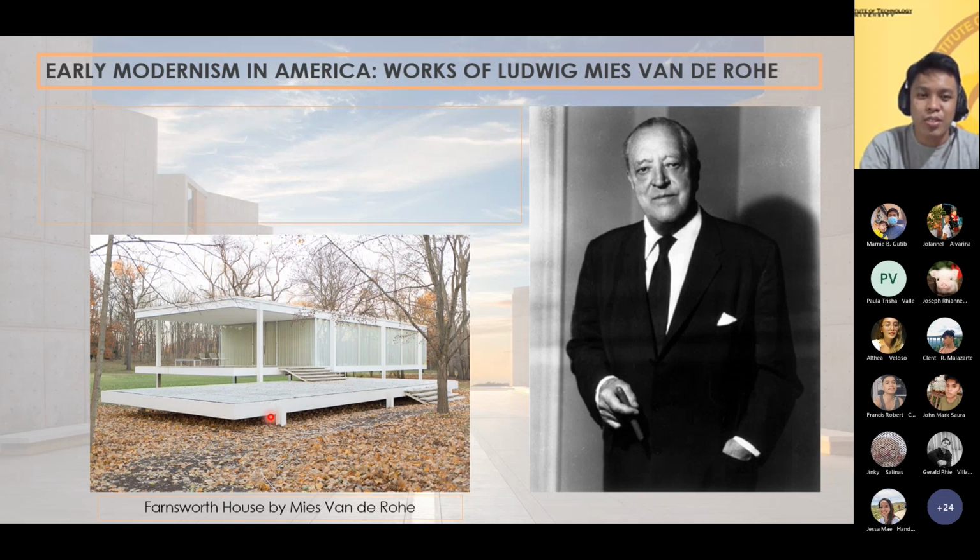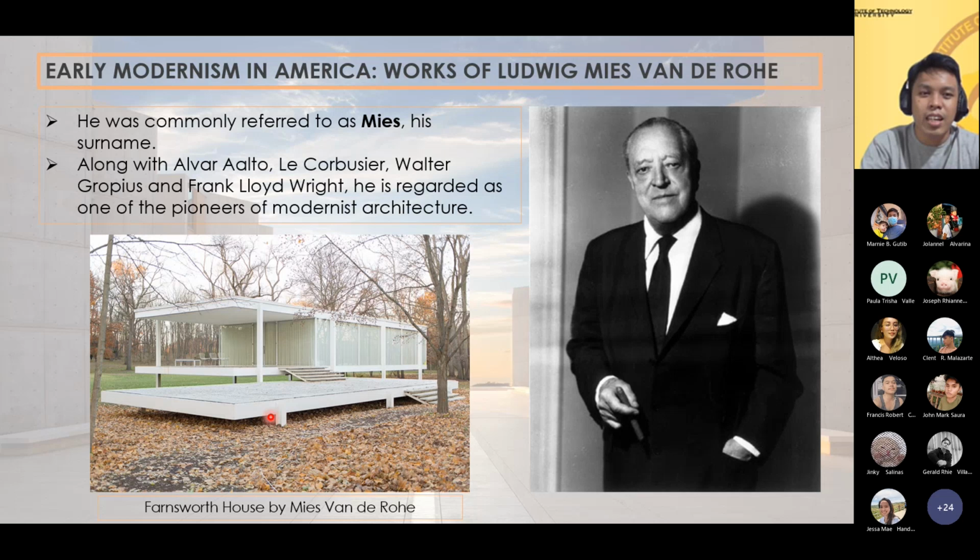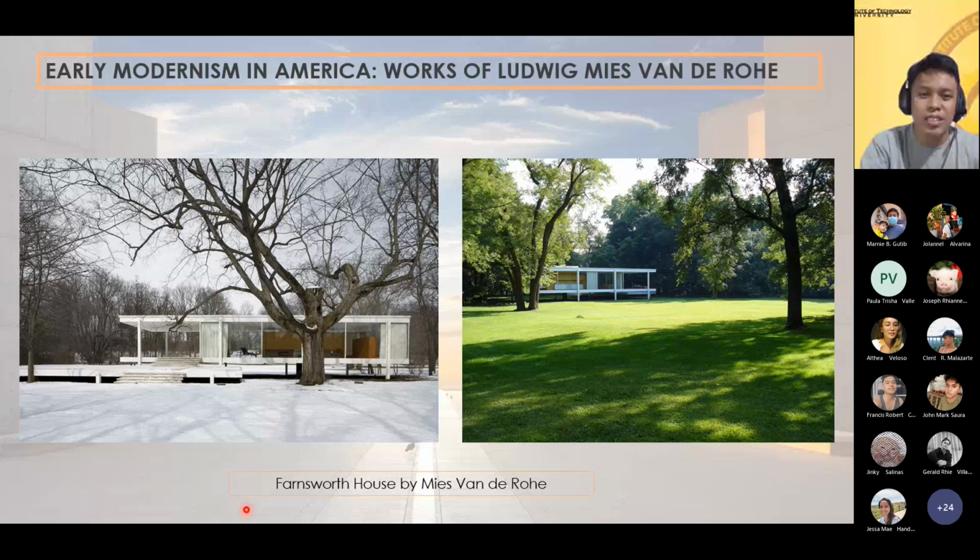It's one of the buildings in what is called the international style, designed by Mies van der Rohe. You can call him Mies. And along with Alvar Aalto, Le Corbusier, Walter Gropius, and Frank Lloyd Wright, he is regarded as one of the pioneers of modernist architecture. So look at that building right here.